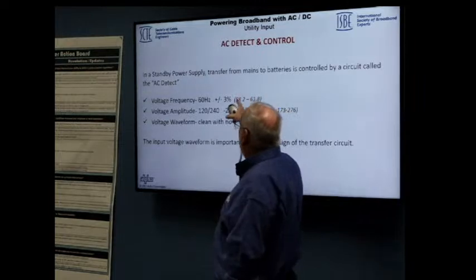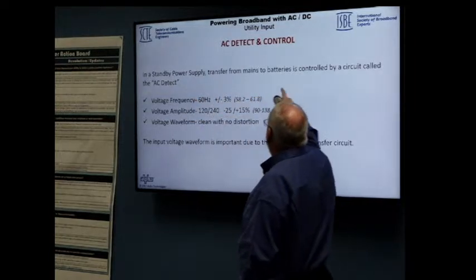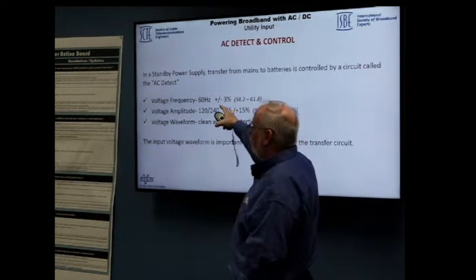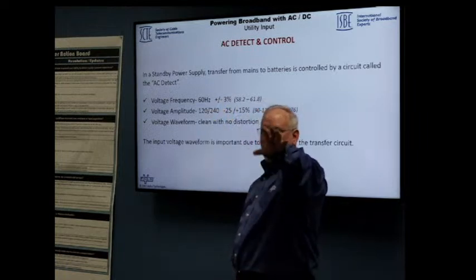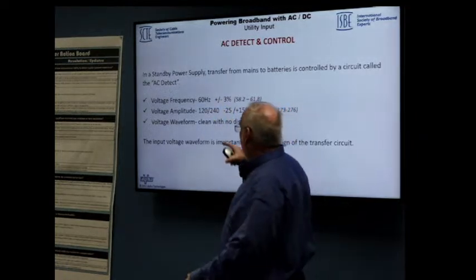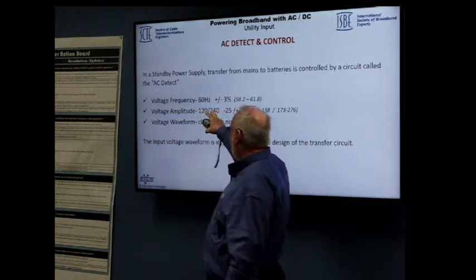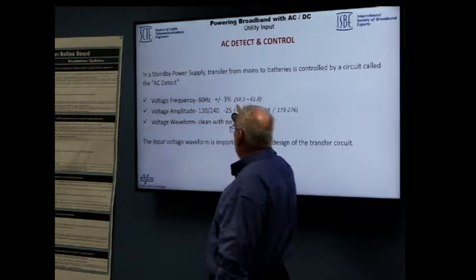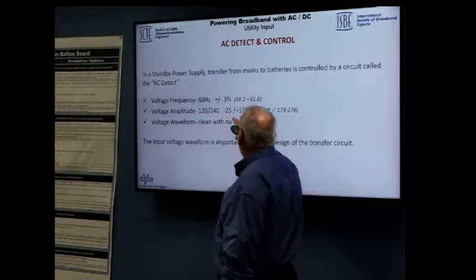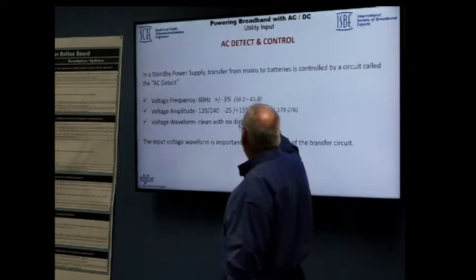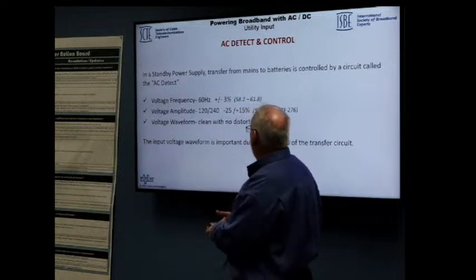There we go. Okay. In a standby power supply, transfer to batteries is controlled by a circuit called the AC detect circuit. So in every one of those Alphas, there's an AC detect circuit, and it will follow the voltage, like in most cases, 60 hertz plus or minus 3, then an amplitude from 90 to 138, and from 173 to 276.